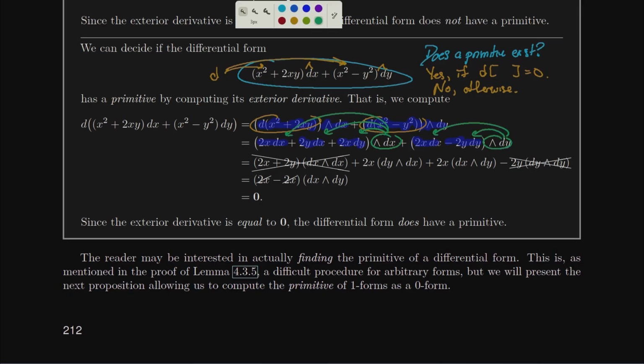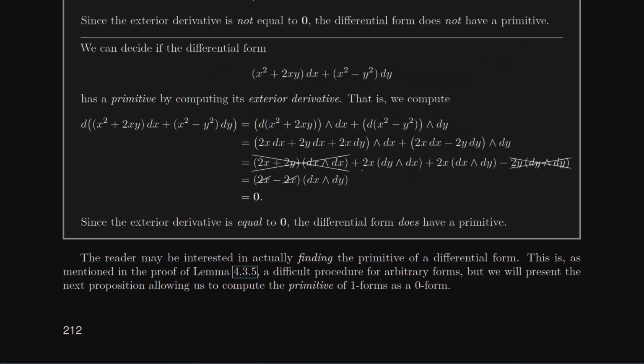And when I do that, as before, dx wedge dx disappears, dy wedge dy disappears, so I'm just left with 2x dy wedge dx and 2x dx wedge dy. But of course, at this stage, I can exchange the order at the cost of a minus sign. We're going to get negative 2x plus 2x, or in other words, exactly 0 copies of dx wedge dy. In other words, we're getting a big 0 there. So this says, yes, a primitive does exist.